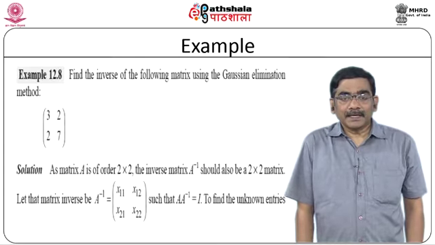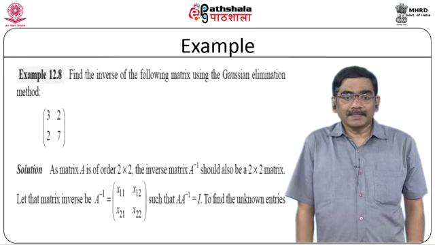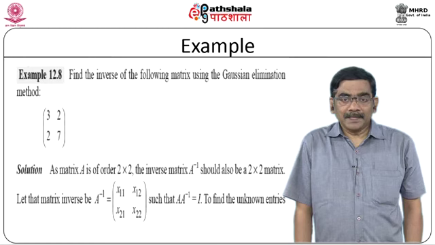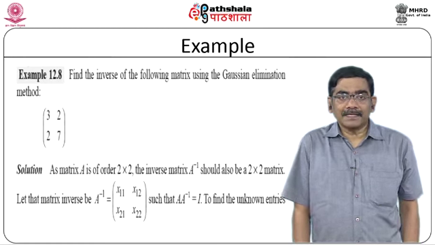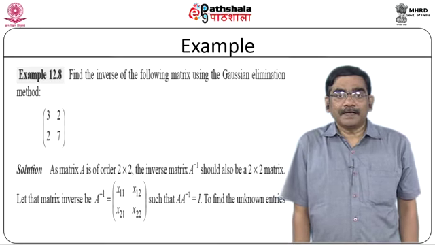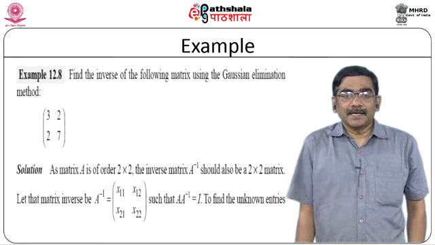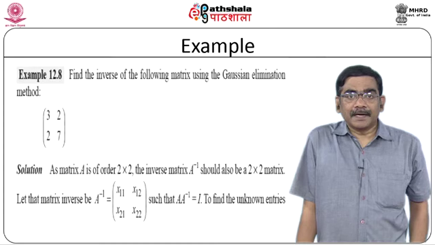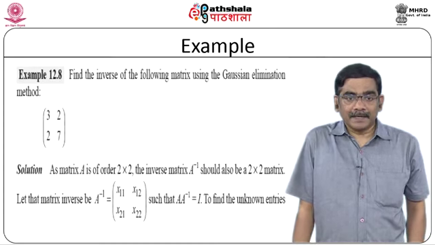So, you can take one small numerical example to illustrate this. Let us assume that we are given a matrix 3 2 2 7. So, the objective is I have to find the inverse matrix for that. That means I have to find a matrix B such that if I multiply A B, I should get the identity matrix.